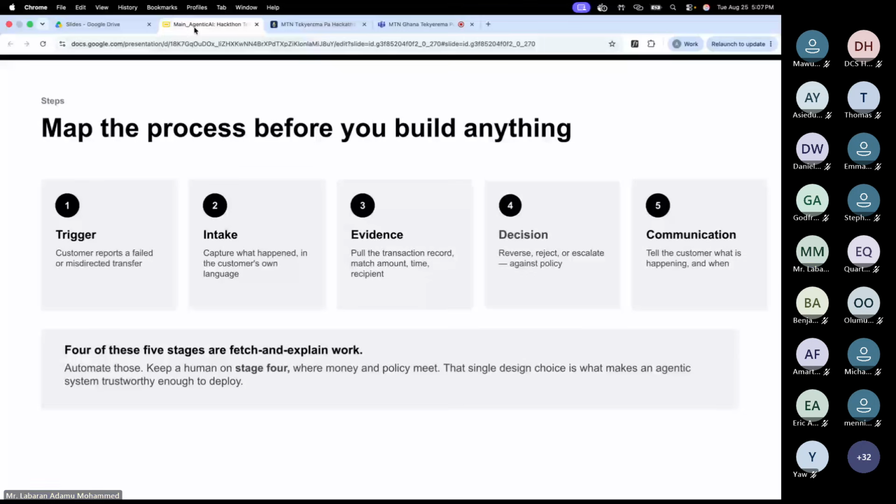We also have to pull evidence in our agentic system, evidence of what she says she has done.